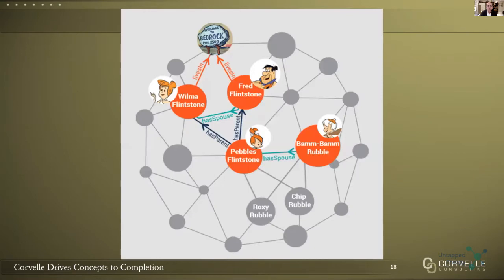Okay, so the point of this Flintstones cartoon is to remind us that graph data structures are good for representing real-world entities and their relationships with few compromises, complexities, or contortions.